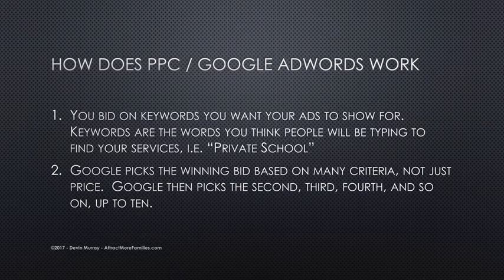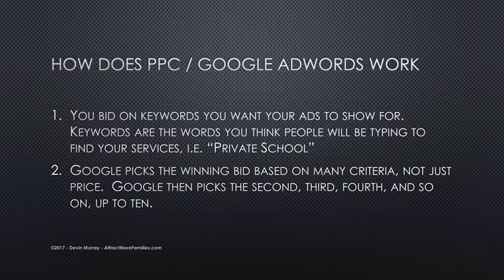Then Google goes in and picks the winning bid based on many criteria, not just the price. Google then picks the second, third, fourth, and so on, all the way up to 10, because there's 10 on that first page. So it's not just who's paying the highest bid. There's actually a lot of things that go into who Google picks. The bid is one. The second one is how often your ad gets clicked.